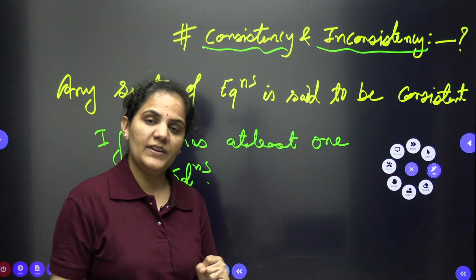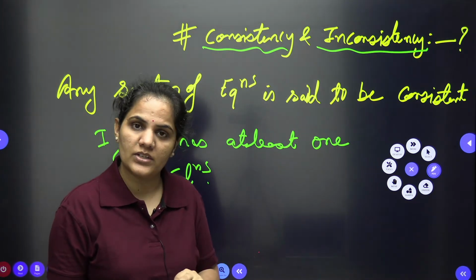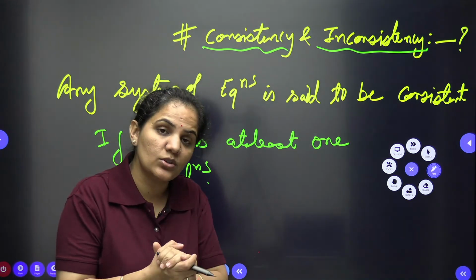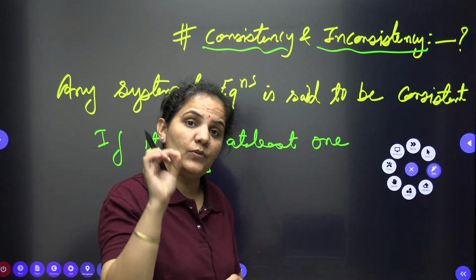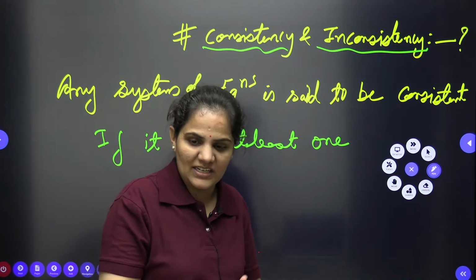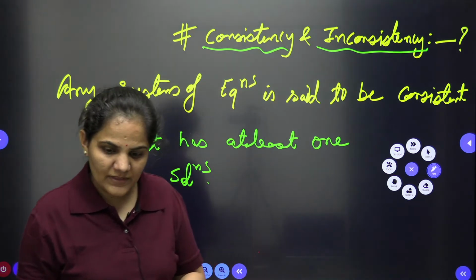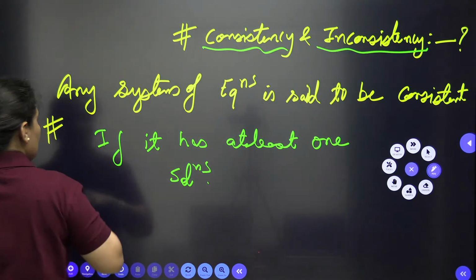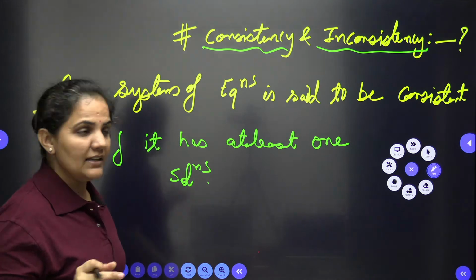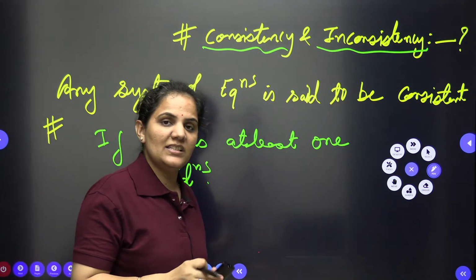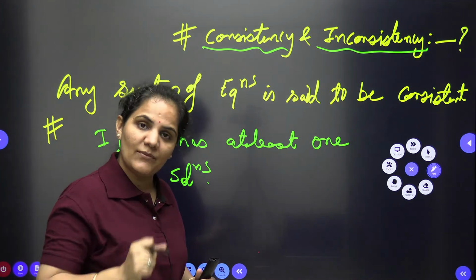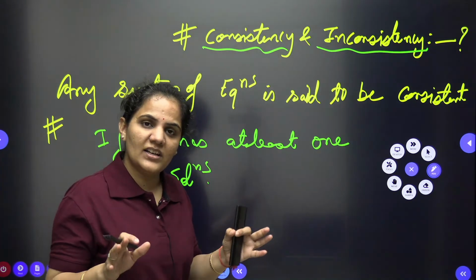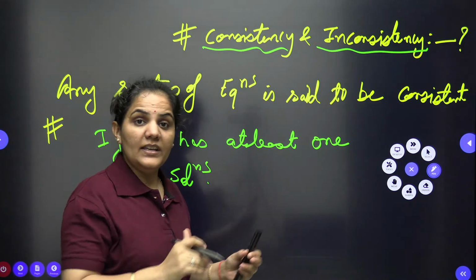Suppose any system of equations has zero solution, then that system is said to be inconsistent, beta. So this is the important part: any system will be said to be consistent if it has at least one solution. If it has no solution, that is called inconsistent.